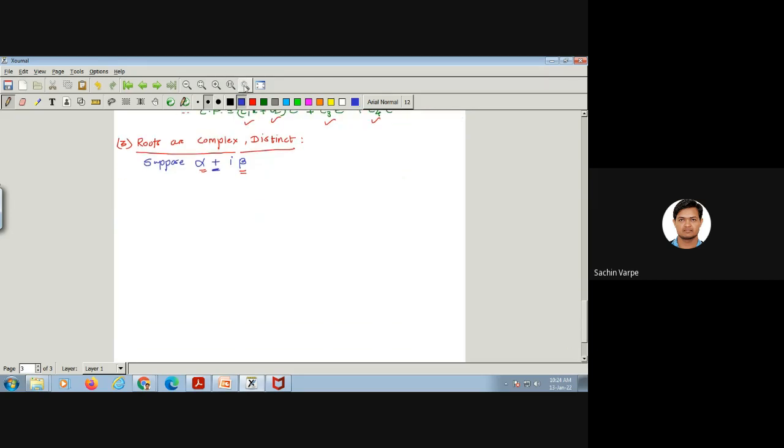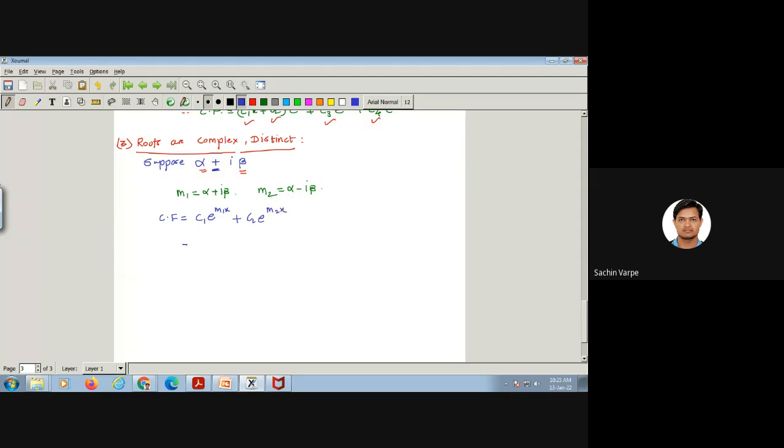So let us see the proof directly that here m1, what is m1? M1 is say alpha plus I beta, m2 is alpha minus I beta. So with these two roots, we know the formula for the complementary function CF is equal to क्या होता है C1 e to the power m1x plus C2 e to the power m2x, right?